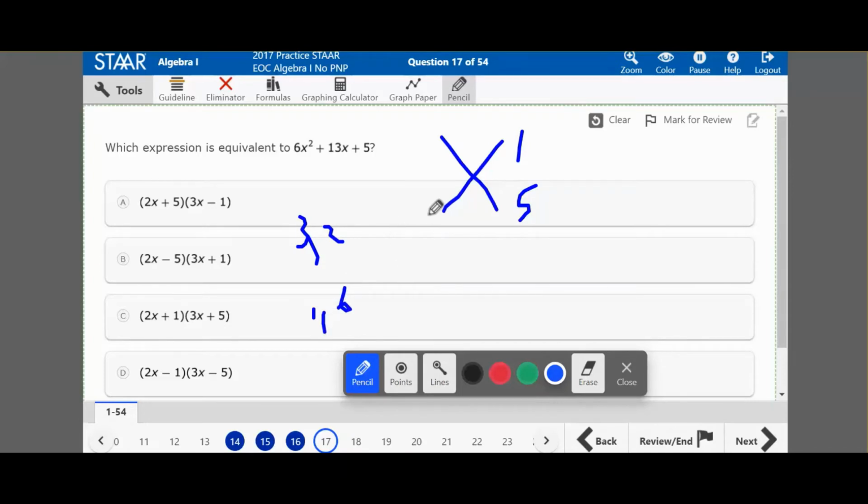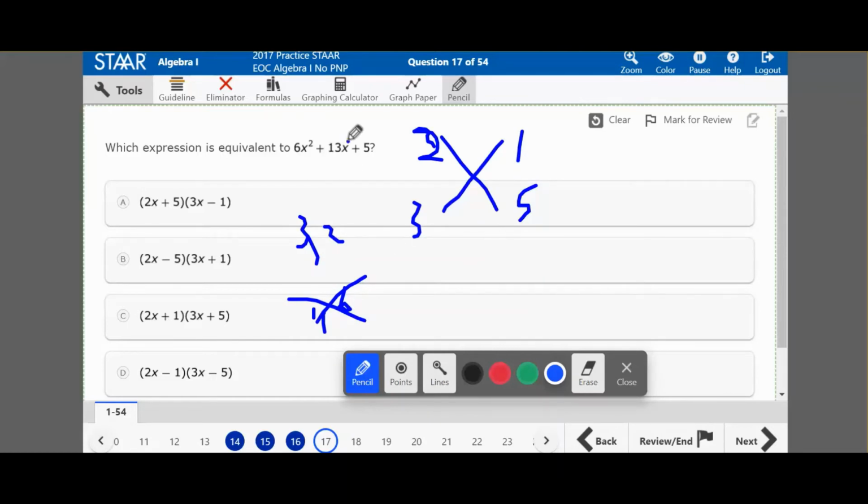Put the 6 here. 6 times 1 is 6, plus 5 times 1, which is 5. 6 plus 5 is 11, not 13. So this solution set wouldn't work. 3 and 2. Okay, let's put 2 here and 3 here. 2 times 5 is 10. 3 times 1 is 3. 10 plus 3 equals 13.